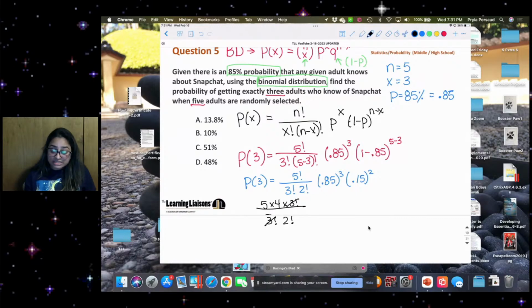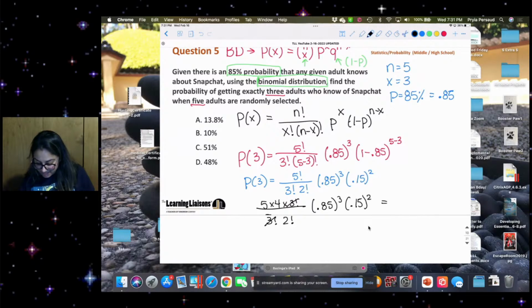That makes it a little bit easier. So now you just have 5 times 4 all over 2. Multiply that out by your 0.85 to the third power and your 0.15 to the second power, and you get 0.13813.